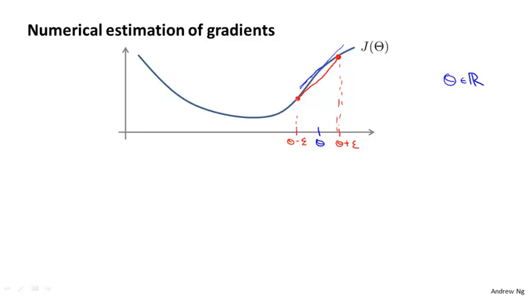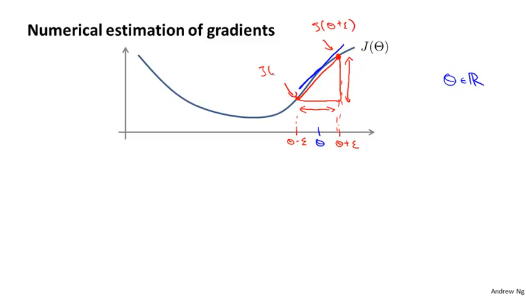and connect them by a straight line. And I'm going to use the slope of that little red line as my approximation to the derivative, where the true derivative is the slope of that blue line over there. So, it seems like it'd be a pretty good approximation. Mathematically, the slope of this red line is this vertical height divided by this horizontal width. So this point on top is J of theta plus epsilon.